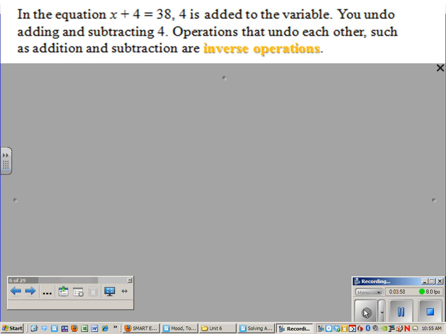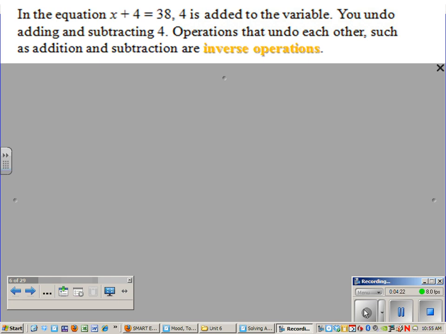What isolates the variable means is you want the variable all by itself on one side so you can figure out what that variable equals. I'm going to get there. Operations that undo each other, such as addition or subtraction, are called inverse operations.